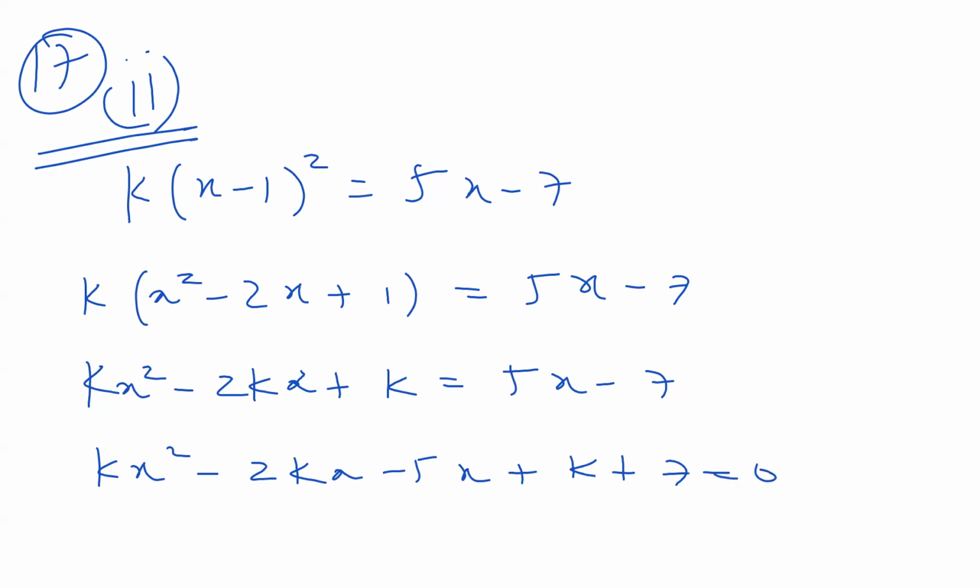So kx square minus (2k plus 5) into x plus k plus 7 equal to 0. Okay.